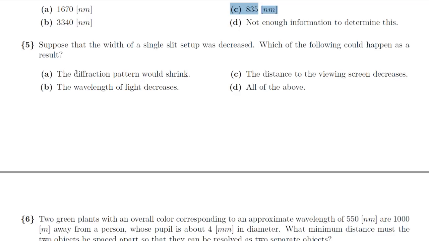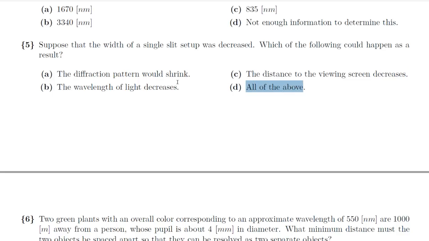Number 5, suppose that the width of a single slit setup was decreased. So the width of the slit is decreased. Which of the following could happen as a result of that? 4 options. The diffraction pattern would shrink, the wavelength of light decreases, and the distance to the viewing screen decreases, or all of the above.